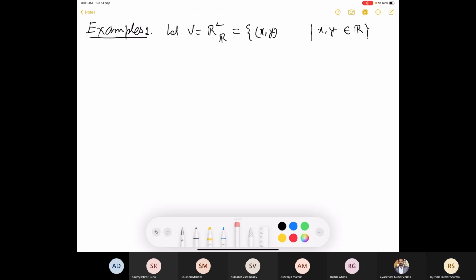And let us take the standard inner product on it, with respect to the standard inner product.